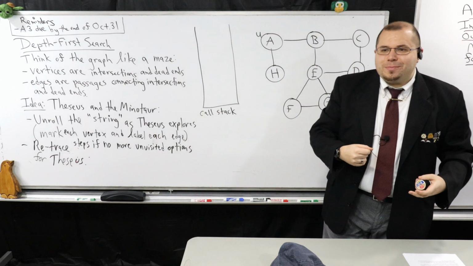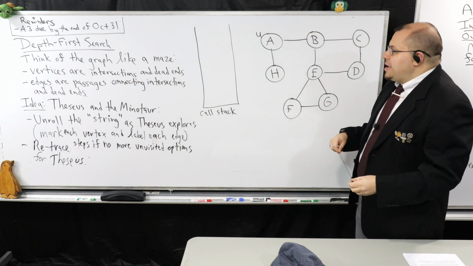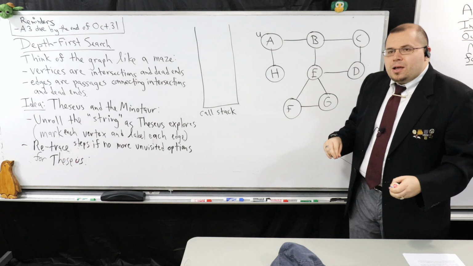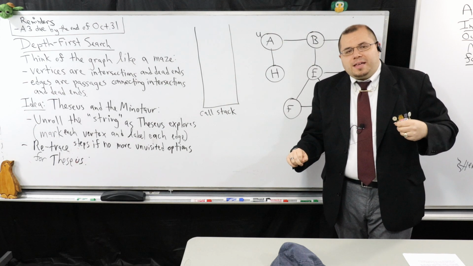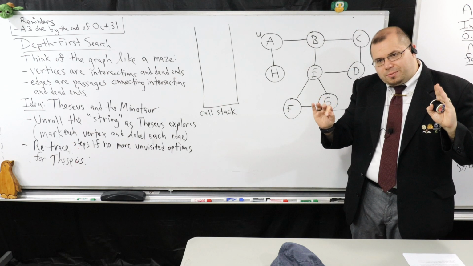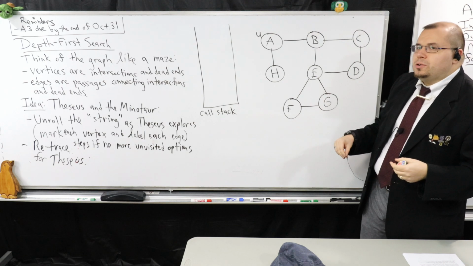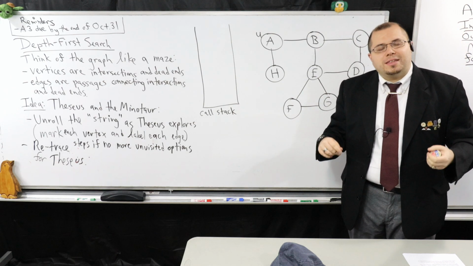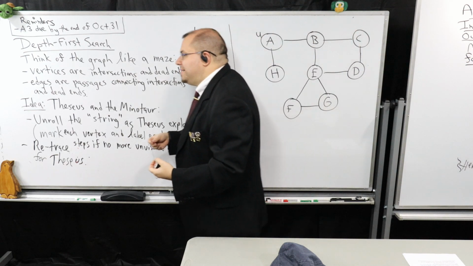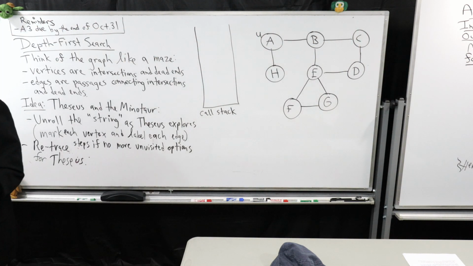Last day I brought up the Greek myth of Theseus and the Minotaur. King Minos' daughter, Ariadne, gives Theseus a ball of thread to help him explore the maze so that he doesn't get lost, because this maze, the labyrinth, is so complicated that people don't find any way of escaping it.